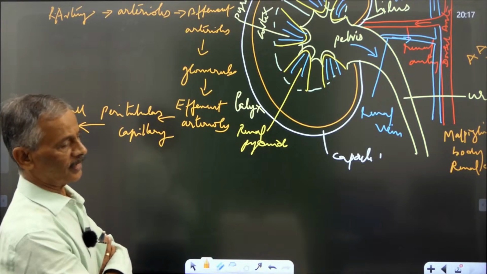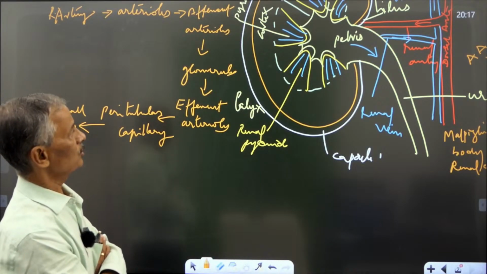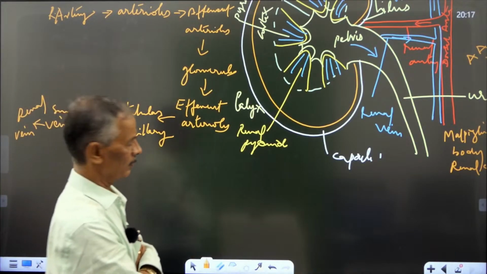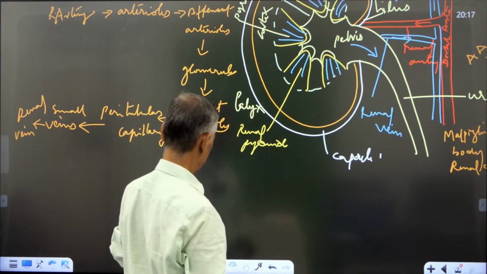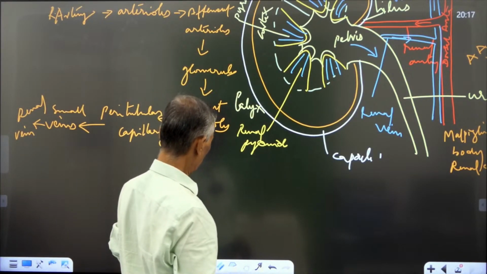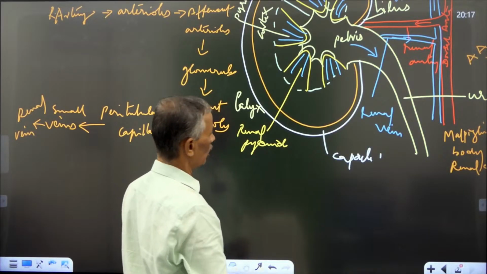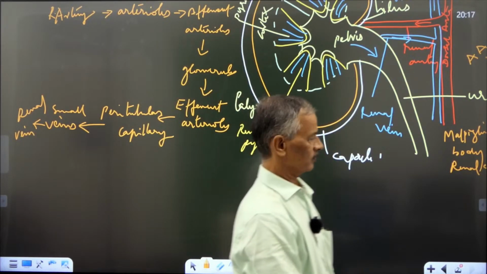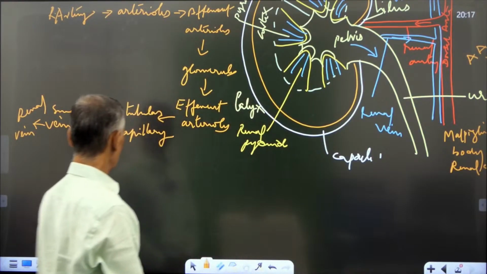Now you are getting an idea regarding the structure of a kidney. Then there are two types of nephrons in our kidneys. What are they?